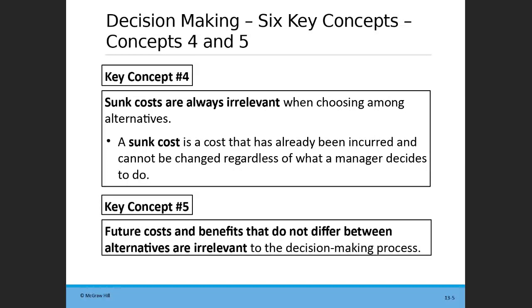Sunk costs are irrelevant. If you're choosing among two paths to go down in the future, I'm going to make or buy, I'm going to discontinue this product line, or I'm going to keep making this product line, your choices are for the future. Well, if you've already got some sunk costs, in other words, I've got this machine here that makes this certain thing, so I should use it, shouldn't I?